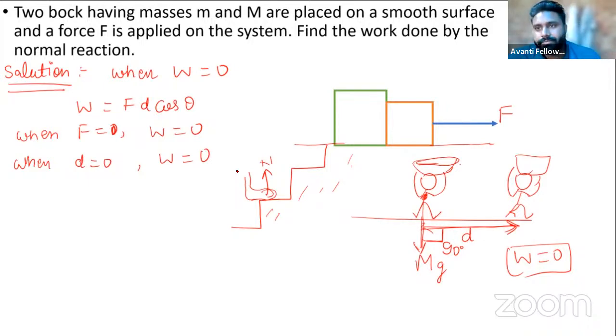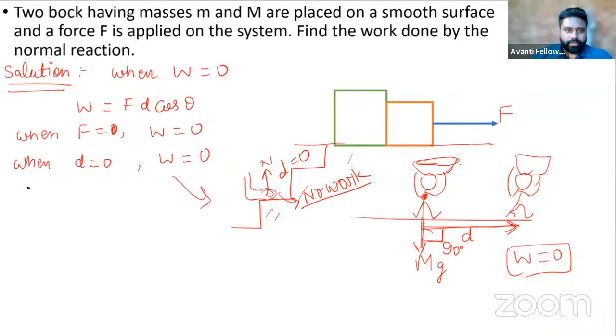Try this today and look what happens. When you try to climb up on another step, the back foot of yours will remain stationary. Although a normal reaction is acting there, there is no displacement. So in this case the displacement is zero, so you can say there is no work. So this is the example of this situation.